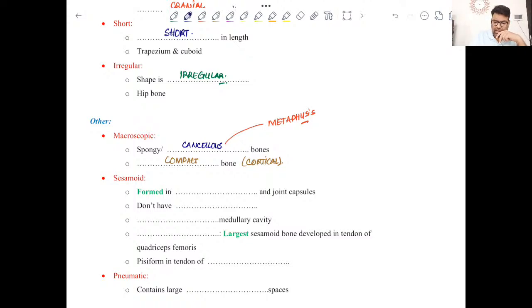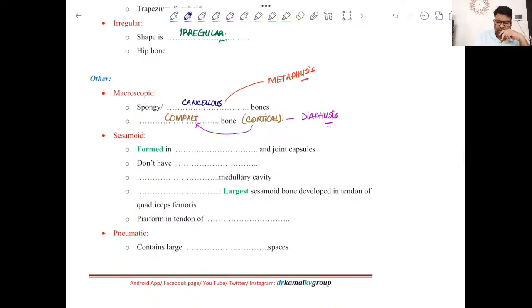But the bone in the cortex is very hard, and it is known as cortical or compact. So this is in the diaphysis. Metaphysis, cancellous bone; diaphysis, compact or cortical bone.